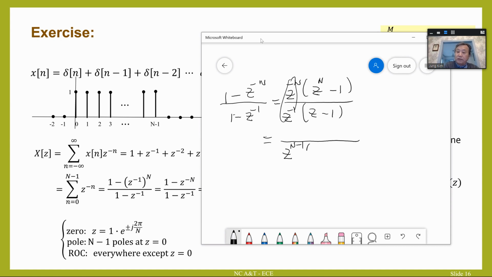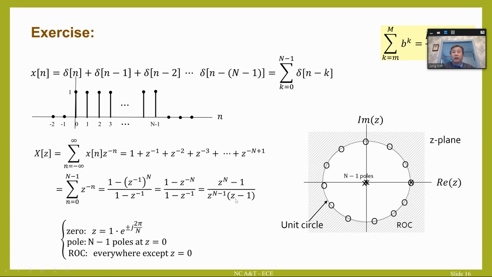So far it's okay, right? How many zeros do we have? We have a pole at G equals 1.